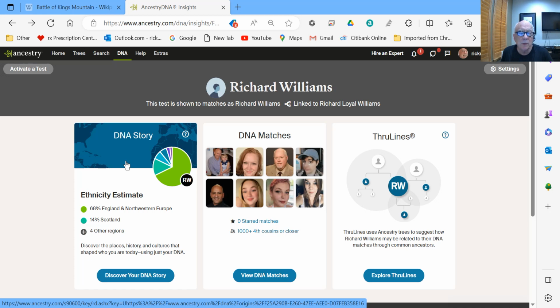This is other information that the program puts together. It uses similar techniques to look at your DNA, at the parts and pieces, and say, this small piece of Rick's DNA is really similar to a lot of other DNA that we're seeing from people who have ancestry in England or Scotland or Norway or Africa or any other place.